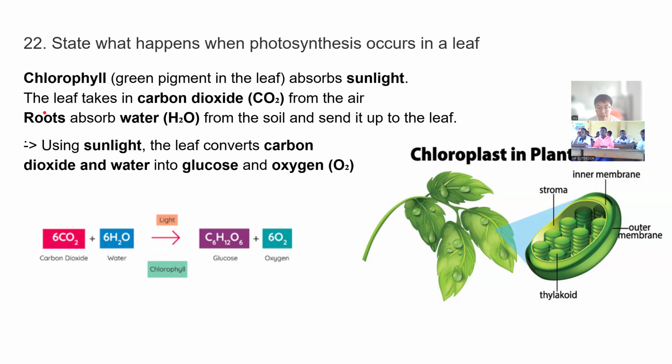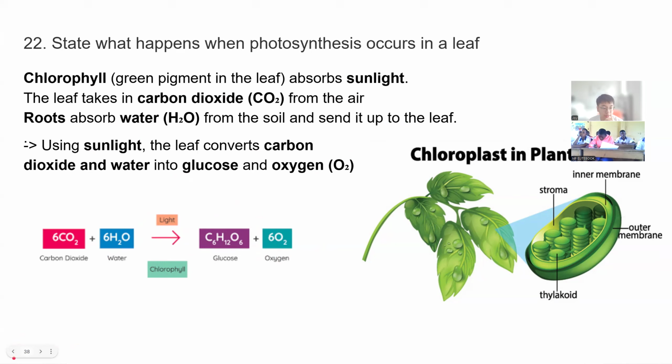And the leaf takes in carbon dioxide from the air, and the roots absorb water from the soil and send it up to the leaf. And using sunlight, we can convert it to glucose and oxygen.